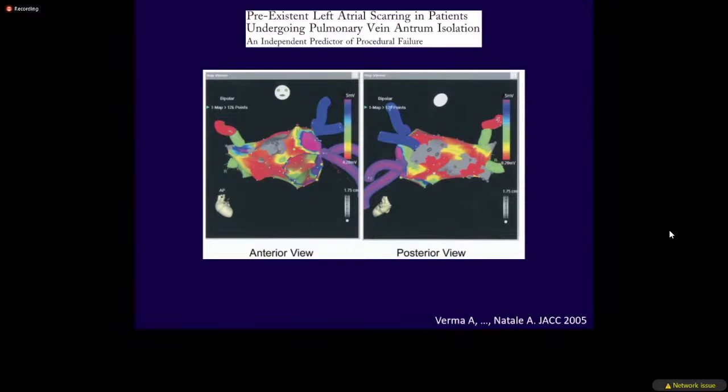Scar is another target. We actually published first, Verma was our fellow, in 2005. Scar is a predictor of failure with just PV and posterior wall ablation, because severe scarring is a marker that you need to go after non-PV triggers. It doesn't mean that the scar is a target; it means you need to focus on non-PV triggers.